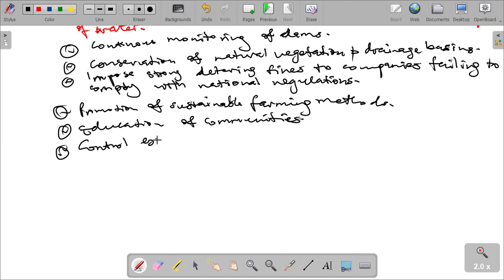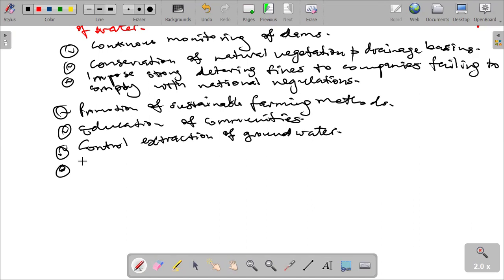Control extraction of groundwater. The extraction of groundwater must be well managed because groundwater is one of our key water supplies, which needs to be managed in order to avoid depletion as well as contamination.